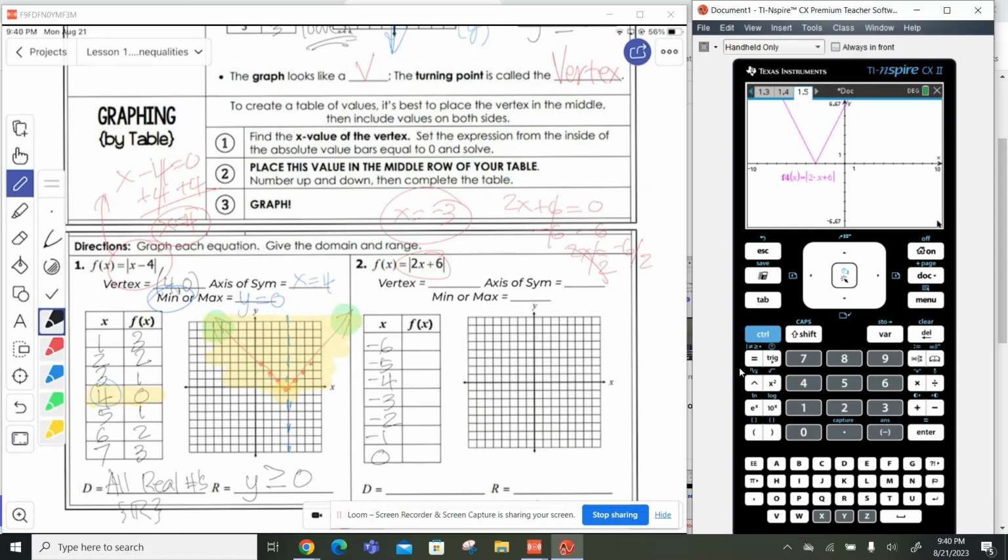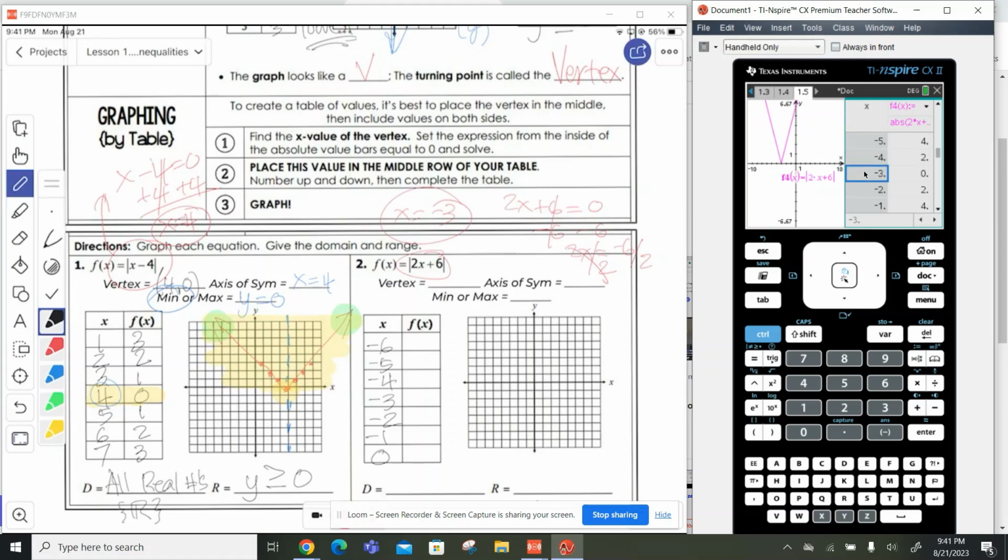Okay, now we need the table of values. Control, Table, Control T. Now if you press Control T one more time, you're going to hide the table. To show the table one more time, Control T. Okay, then negative 3 should be in the middle of the table, my bad. Negative 3 right there.